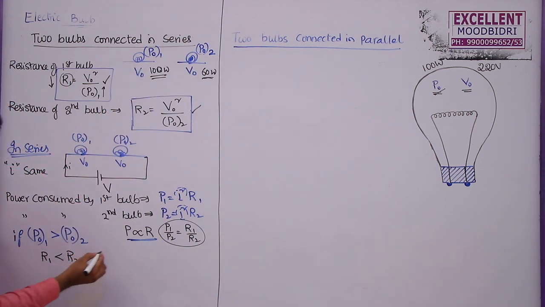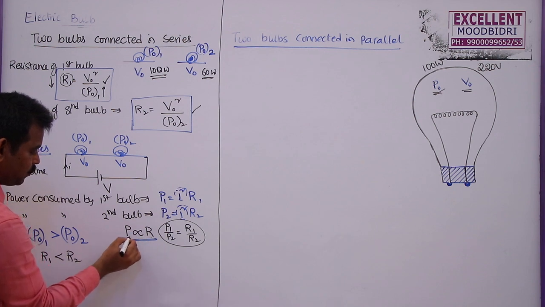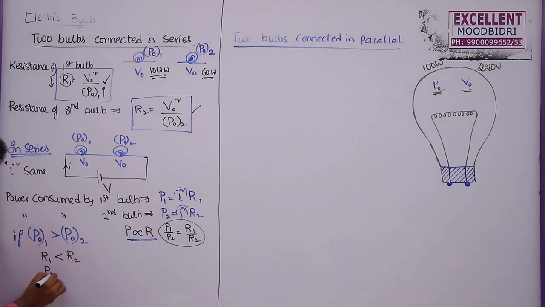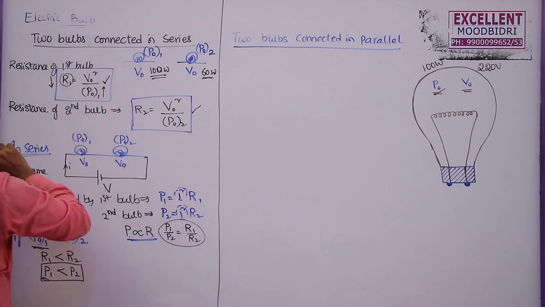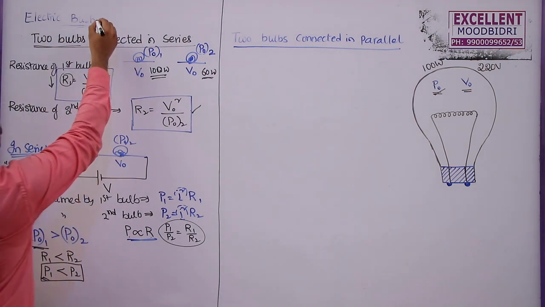Now, since R1 is directly proportional to power, we can write P1 less than P2. So the bulb having more power rating will consume less power in series combination. We have to remember this very carefully whenever two bulbs are connected in series.